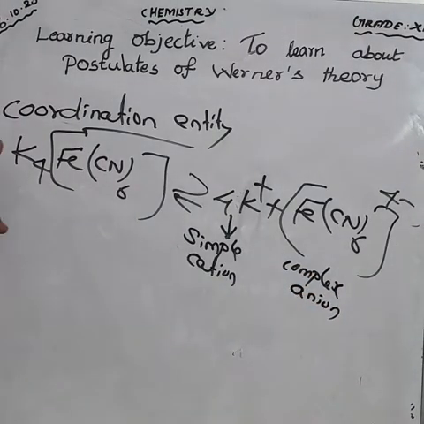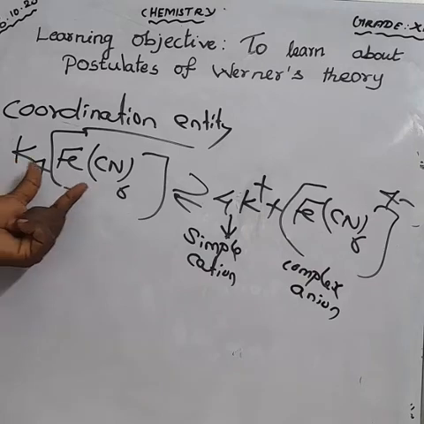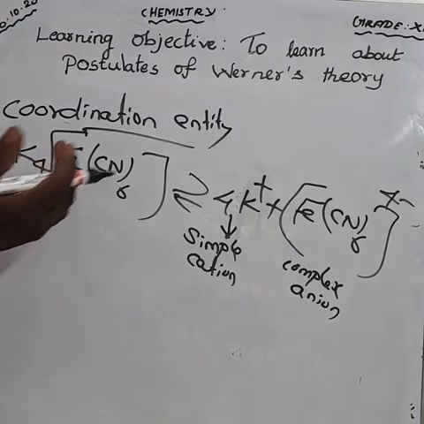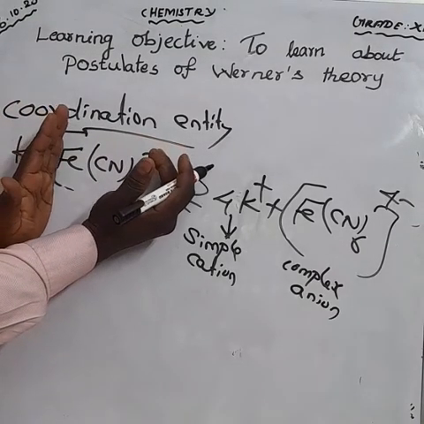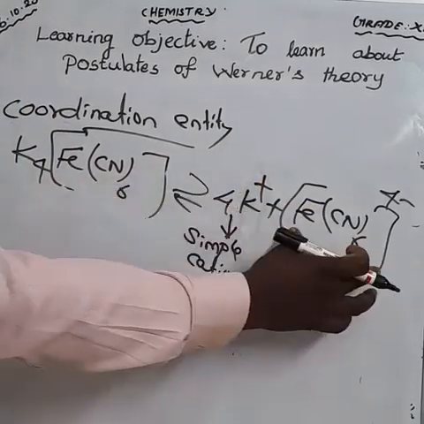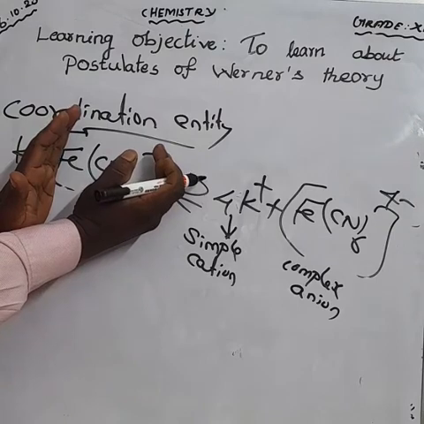Here, this is the complex. The coordination entity is enclosed in a square bracket. This one is called what? Coordination entity. Clear?